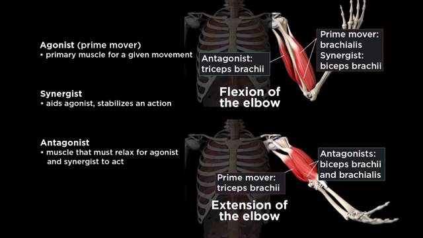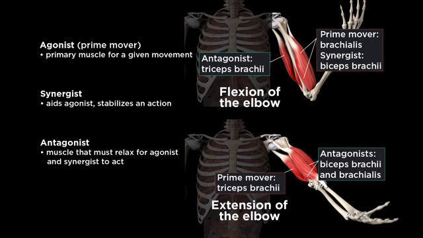On the other hand, no pun intended, if we discuss extension of the elbow, then the roles reverse, and the triceps brachii becomes the prime mover, and the biceps brachii and brachialis must relax. So those two muscles now become the antagonists to triceps brachii.